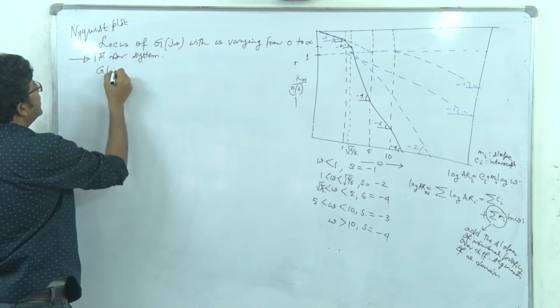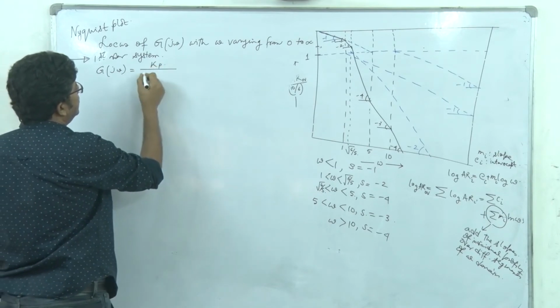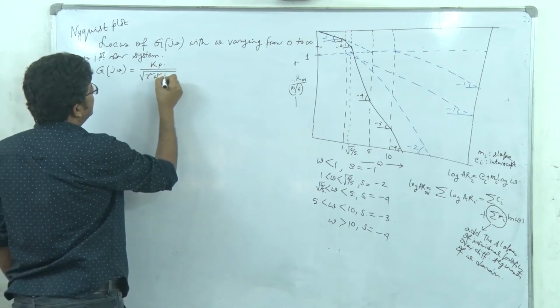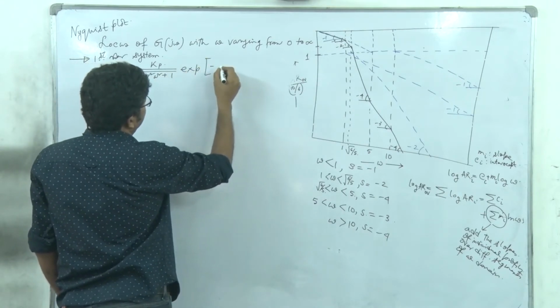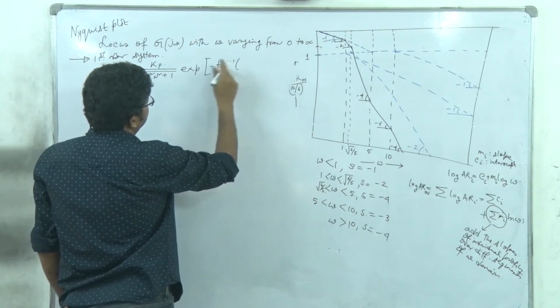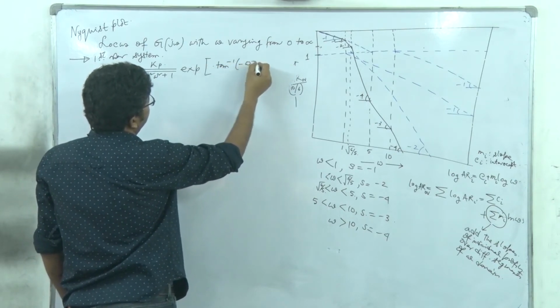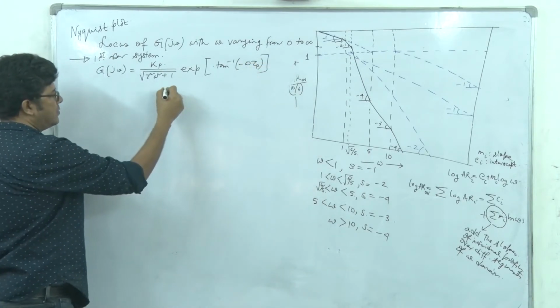G(j omega) we can directly write as Kp divided by under root tau square omega square plus 1 into exponential of minus tan inverse of omega tau. Right. So what will be the Nyquist plot?